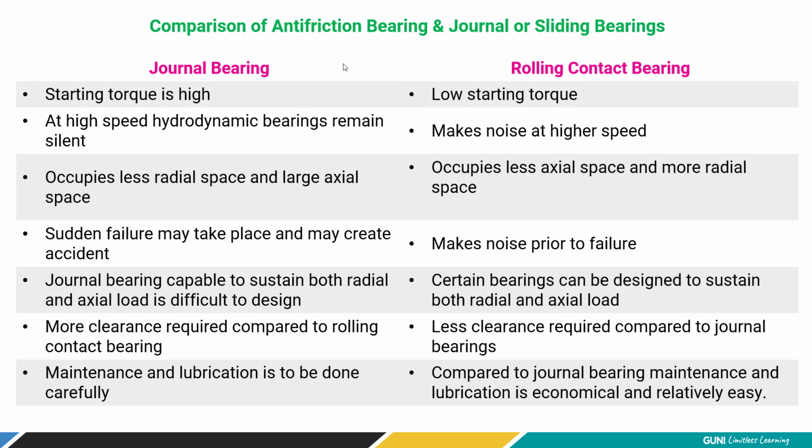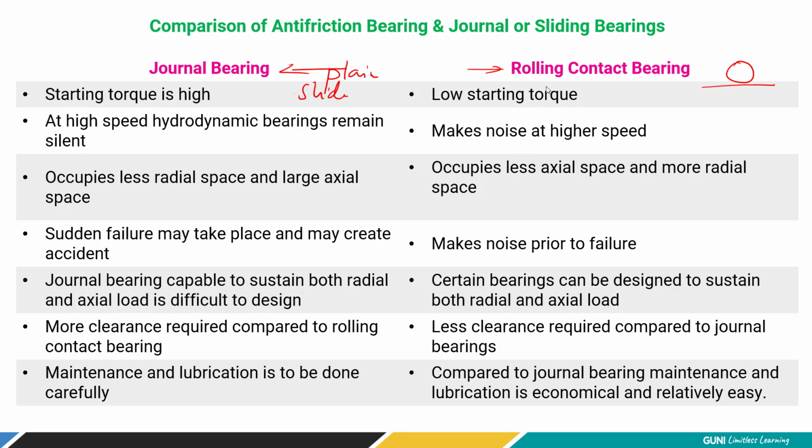Now let's compare the two different types of bearing. One is the general bearing, which we are going to refer to as a plain bearing, where sliding contact happens. But in the case of the rolling contact bearing, one surface rolls over another surface. Because of these two different phenomena, what are the advantages at the bearing level?